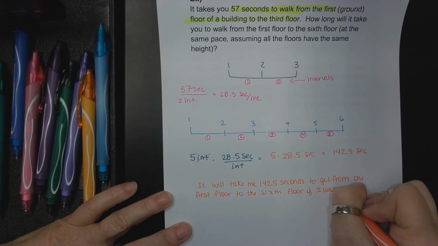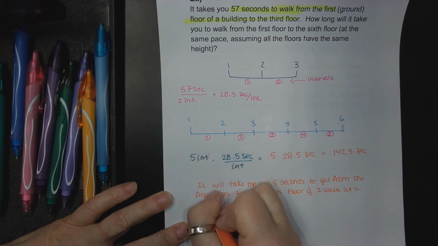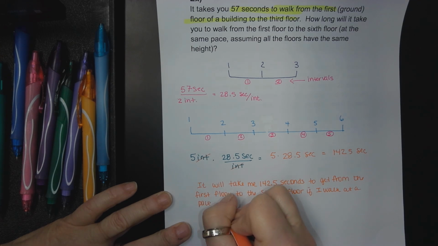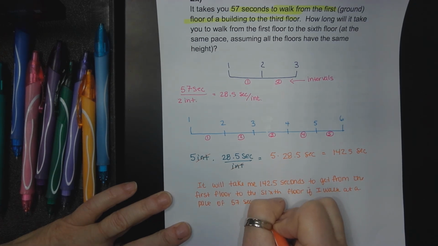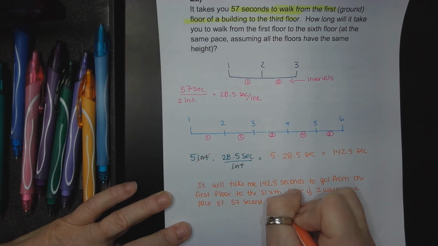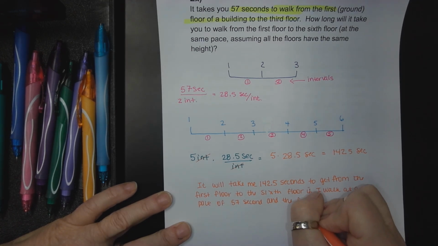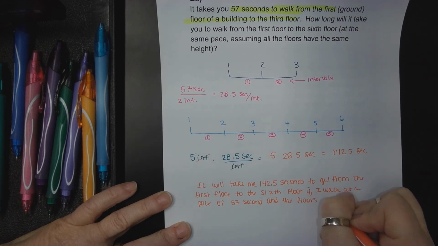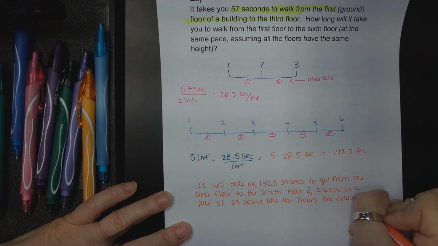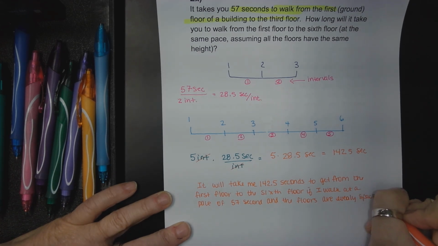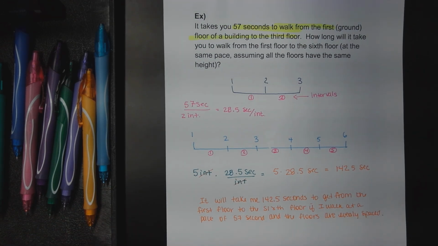I walk at 57 seconds. Floors are evenly spaced. Does that work?